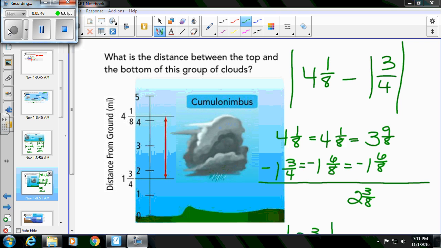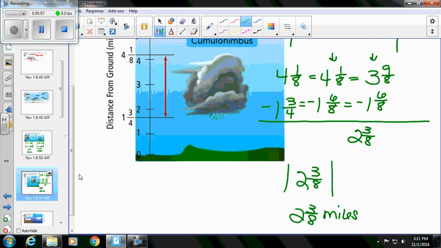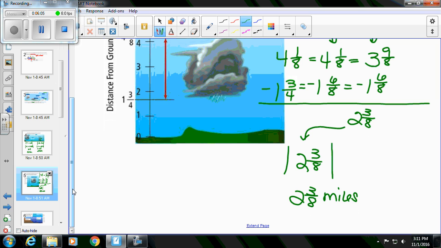If you look, you can see I found common denominators in my second step. I had to borrow in my third step. And when I did my math, I got 2 3/8. Because I did the work off to the side, I have to remember to put it back into my absolute value sign. When I take the absolute value of that number, I got 2 3/8. So the distance between the top and bottom of the clouds is 2 3/8 miles.